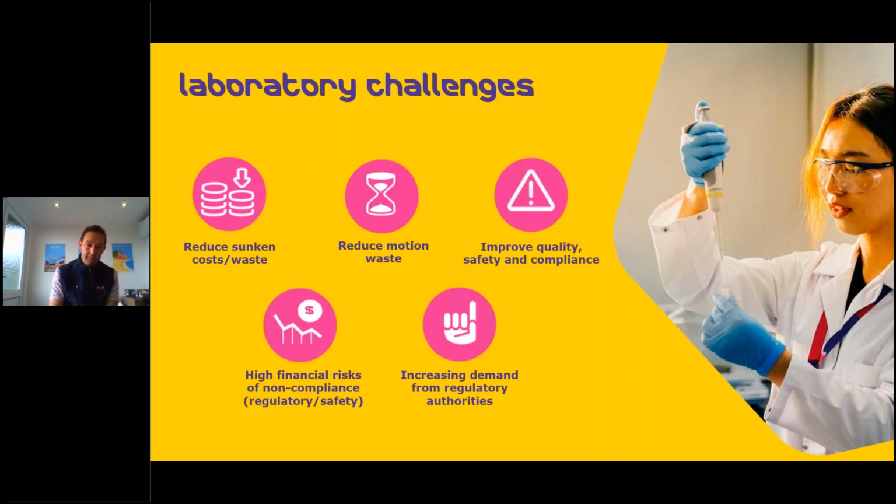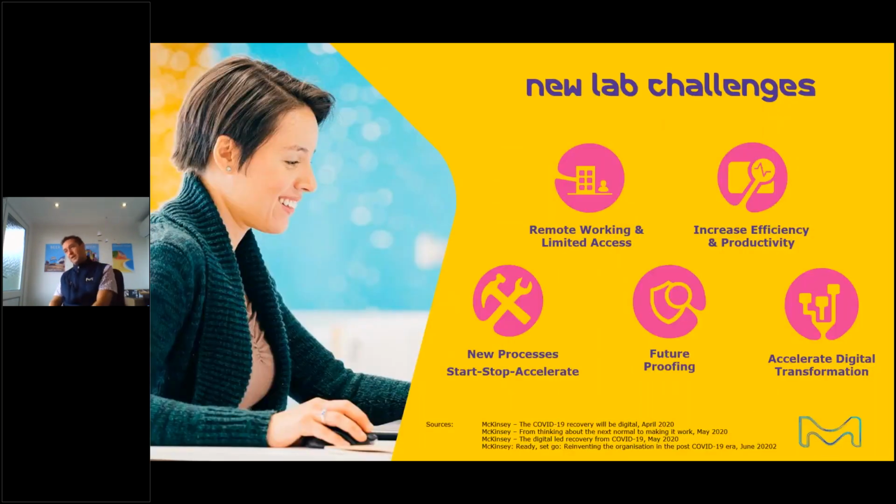And with that, there are ever-increasing demands from regulatory authorities to have the data in the right way, secure and protected. So these are ongoing challenges for the lab. These are perhaps more perennial ones we see year on year. Now, this year, 2020 has seen a whole load of new challenges reach us.